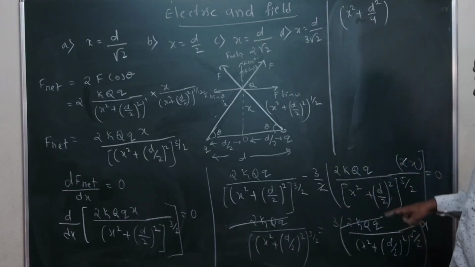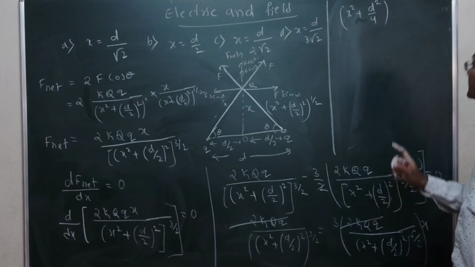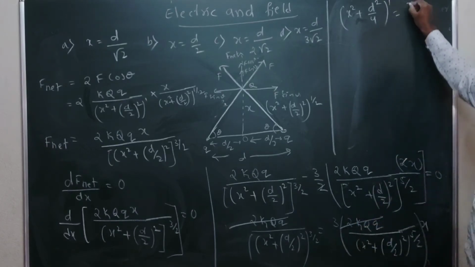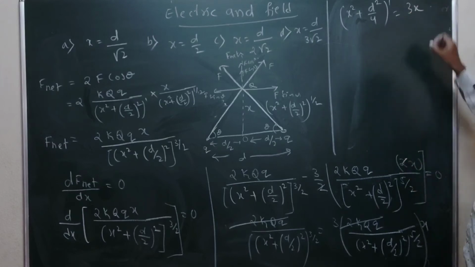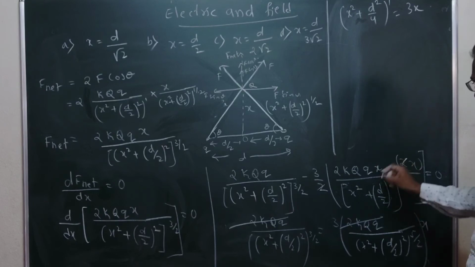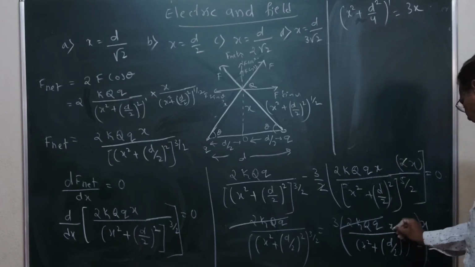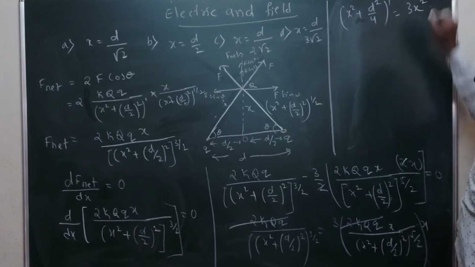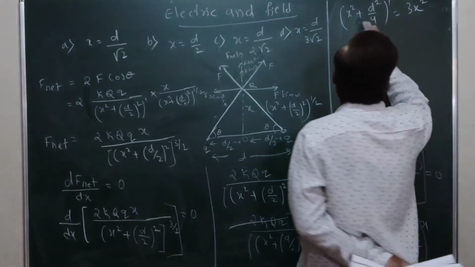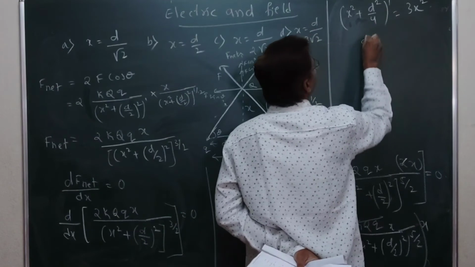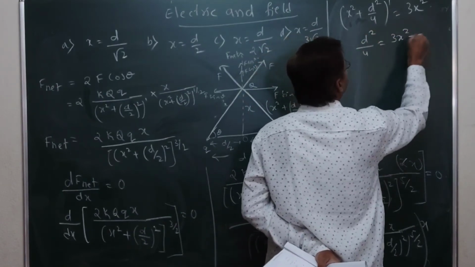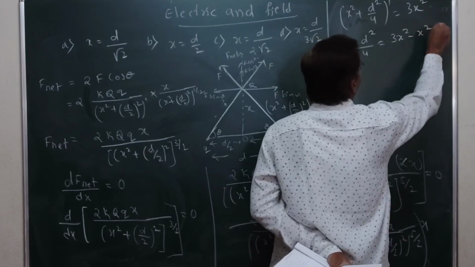Taking the LCM, 5 minus 3 is 2, by 2 is 1. So 1 equals 3x into x, that is 3x square. Sending this to the other side, d square by 4 equals 3x square minus x square.